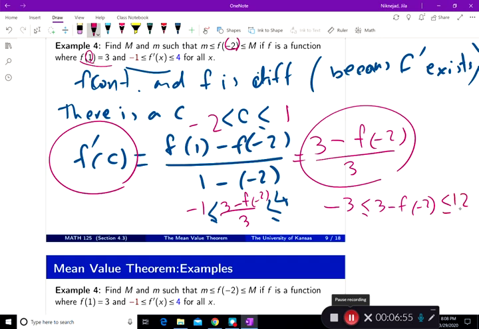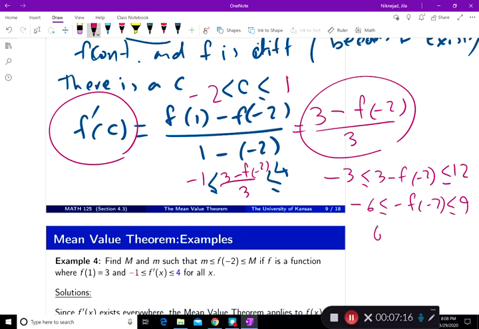Then I can subtract 3 from both sides, get -6 minus f of -2, and 9. Then I can multiply all of them by a negative sign, switch the sign, and I get 6, bigger than or equal to f of -2, bigger than or equal to -9.